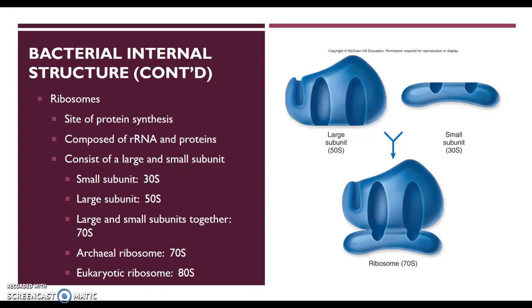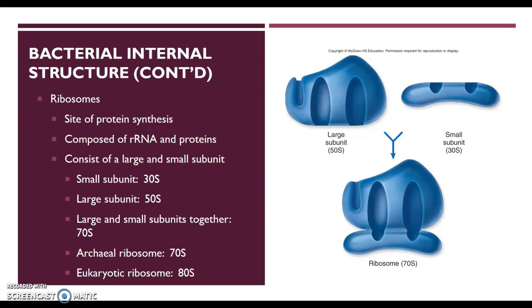Another internal structure that we're going to find in bacteria and archaea are ribosomes. And ribosomes are the site of protein synthesis, and they are composed of ribosomal RNA and proteins. There are 2 parts of the ribosome. There is a small subunit and a large subunit. And when we put them together, that is this total S or measurement of size. So bacterial ribosomes are 70S.